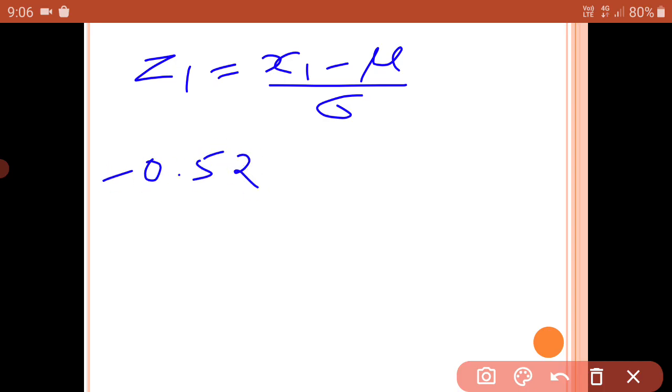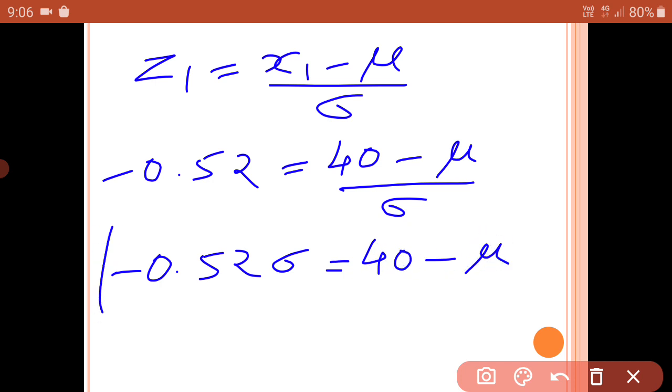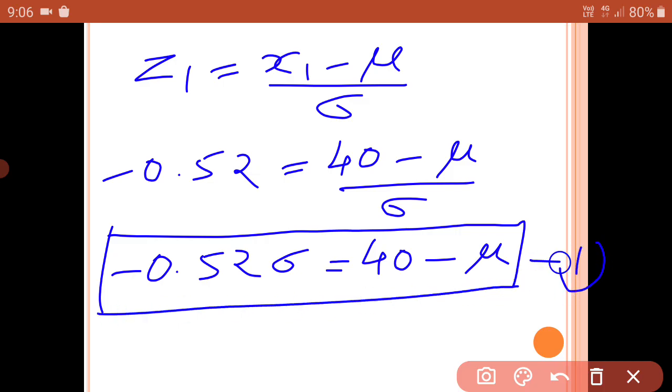Here minus 0.52, here x is less than 40, so x is equal to 40 minus mu upon sigma, then 0.52 sigma is equal to 40 minus mu. It is your first equation. Clear?